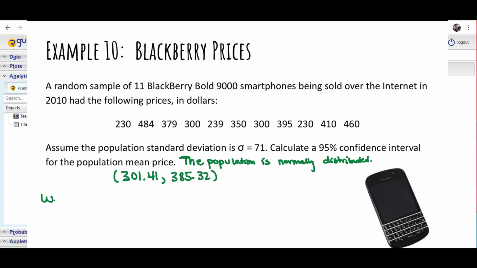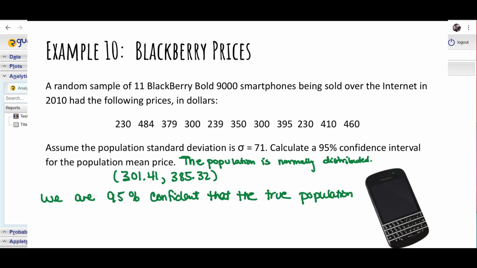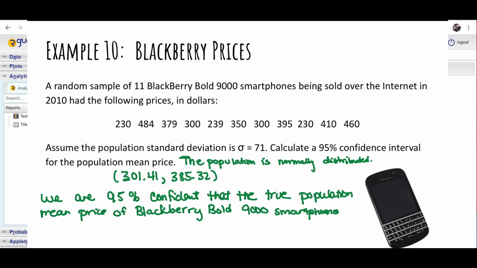So we are 95% confident that the true population mean price of BlackBerry Bold 9000 smartphones in 2010 is between $301.41 and $385.32.